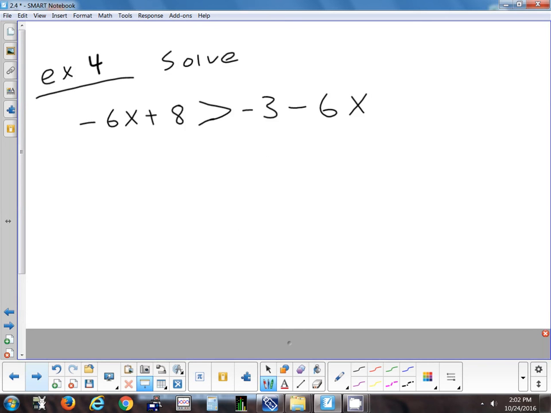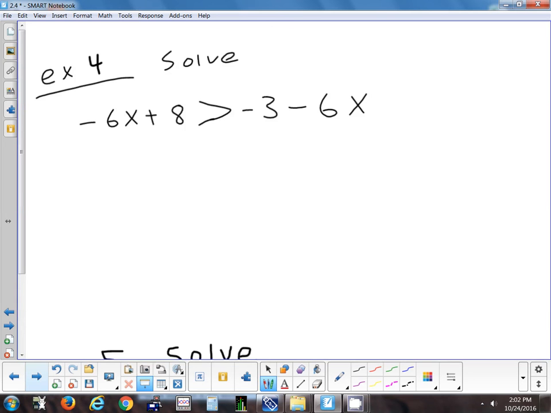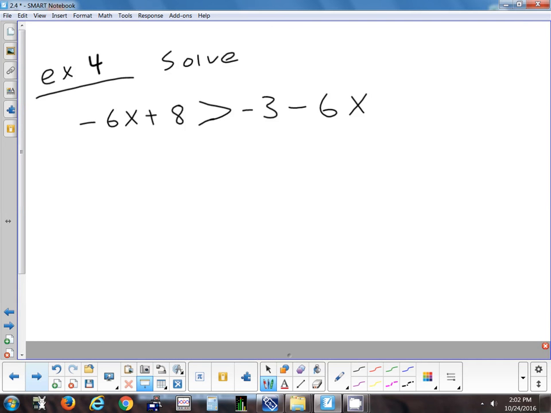All right, so this one's a little different. Okay, it does have the variables on both sides. But this is going to be a special case. Okay, what is going to happen here doesn't happen a lot, but it does in this problem.